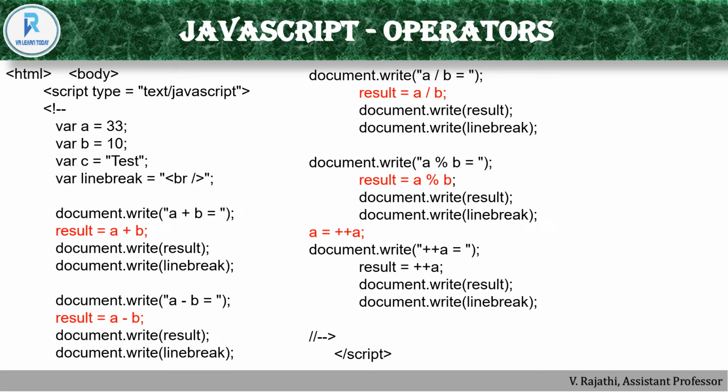Inside the double quotes we use the br tag as the line break variable, and in the printing statement I am just printing the line break. Result: a plus b, a minus b, a slash b. These are the arithmetic operations. Likewise we can use any operators. This is the sample one. We can use any operators this way.